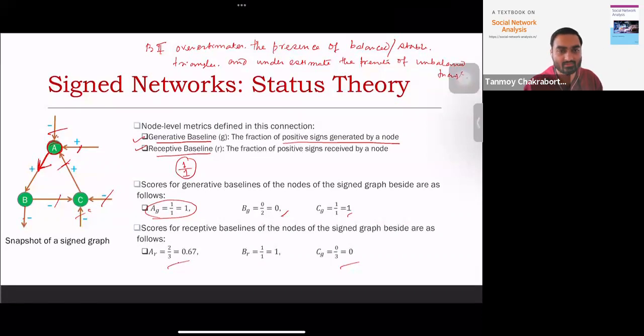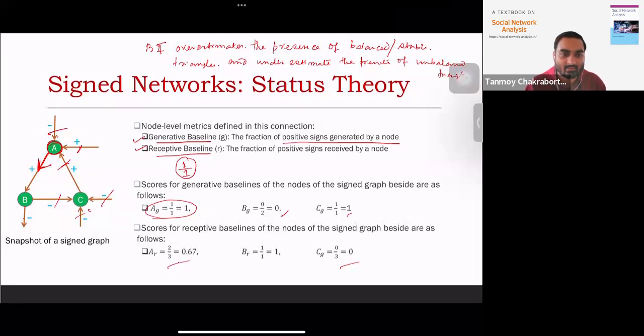So these generative baselines and receptive baselines are useful to understand the overall status of a particular node. Say, for example, if the generative baseline of a node is much higher than the receptive baseline of the node, what does it indicate?